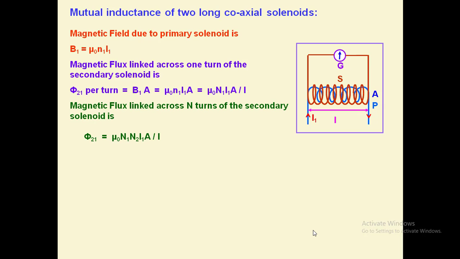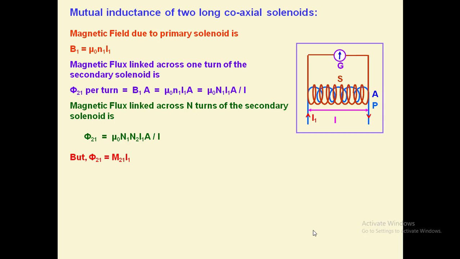Now the magnetic flux linked across N2 number of turns of the secondary solenoid, phi 2 1, is equal to mu naught N1 N2 I1 A by L, where N1 is the number of turns of the primary coil, N2 is the number of turns of the secondary coil.